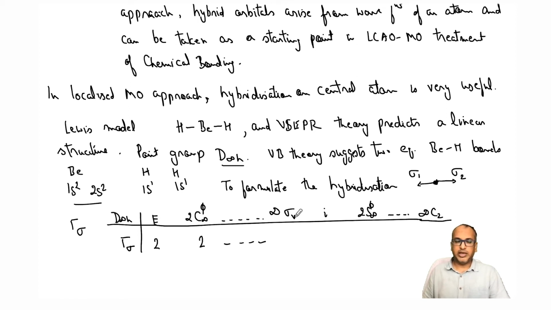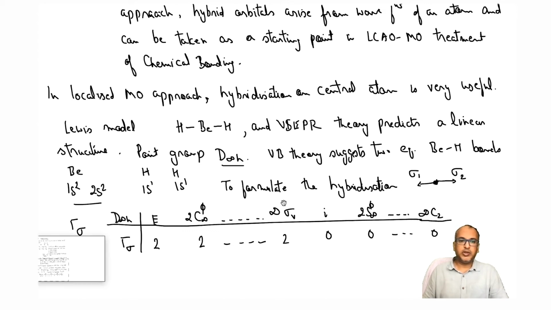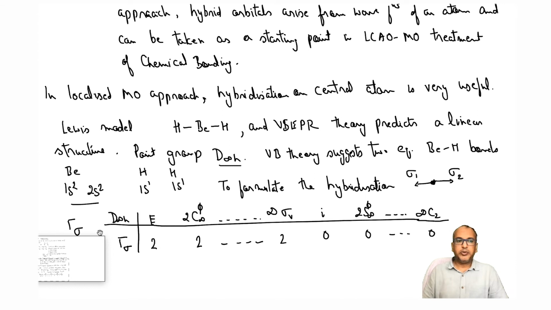Similarly, for sigma v, again nothing will change. Sigma 1 and sigma 2 will remain at their own places, so 2. For i, everything will change, so 0. For S infinity, everything will change, so 0. For the C2 axis, which is perpendicular to this, again sigma 1 and sigma 2 will change, so this will be 0. Okay. So now the next step is to reduce this.